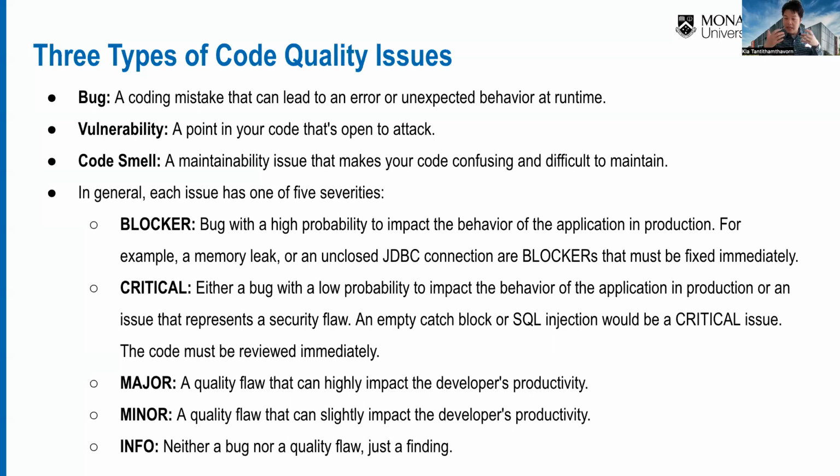Because if the software has SQL injection issues, the software is still usable. So normally people can still use the software, but it has a vulnerability that attackers or hackers can use to hack into the system. That's why it is critical, but it's not the blocker.